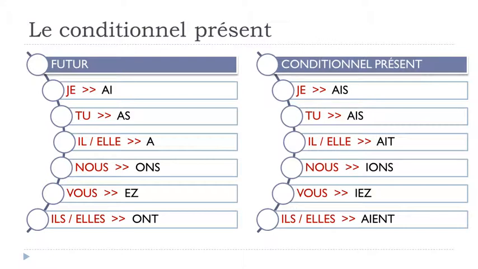To be totally honest, we construct these two tenses the same way, so the endings are the only way to make the difference between the future and the conditional. So it's quite important to really remember them by heart. Remember futur: ai, as, a, ons, ez, ont, but conditionnel présent: ais, ais, ait, ions, iez, aient.